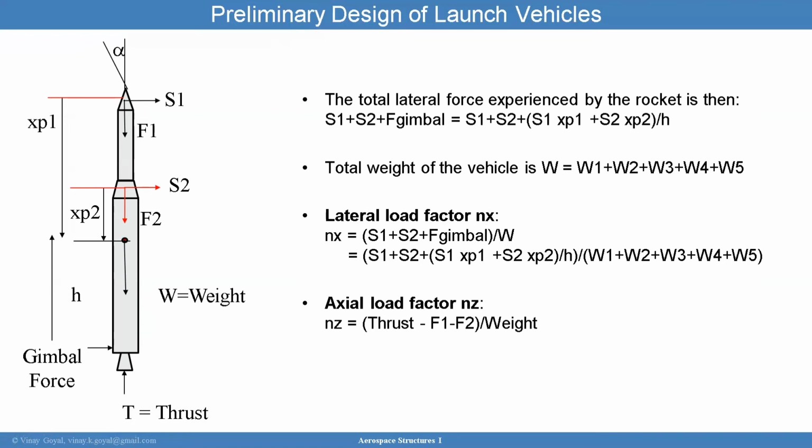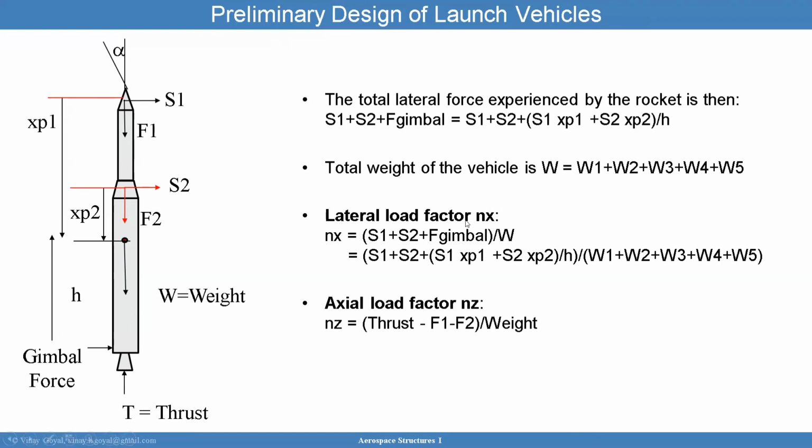Remember, summation of forces equals MA. So if I take the summation of forces equal MA, I can then calculate the lateral load factor because of these forces. Because the system has to be in equilibrium, it has to be balanced by inertial forces.